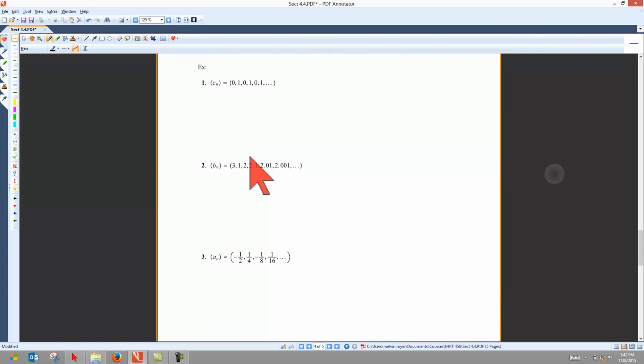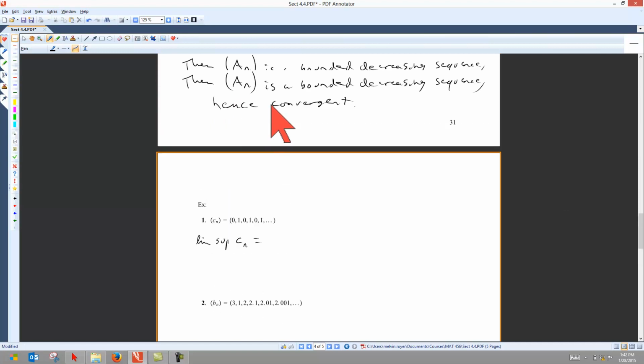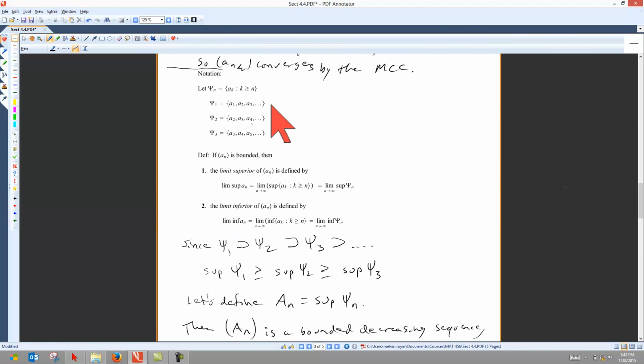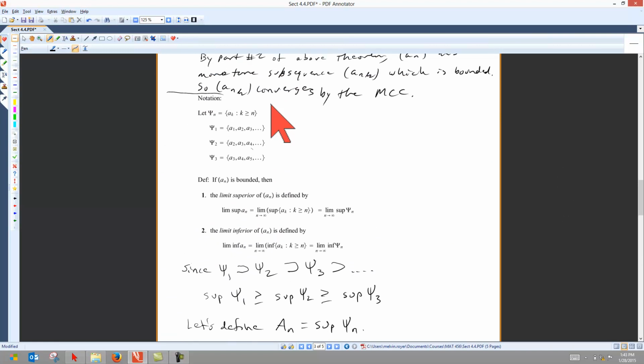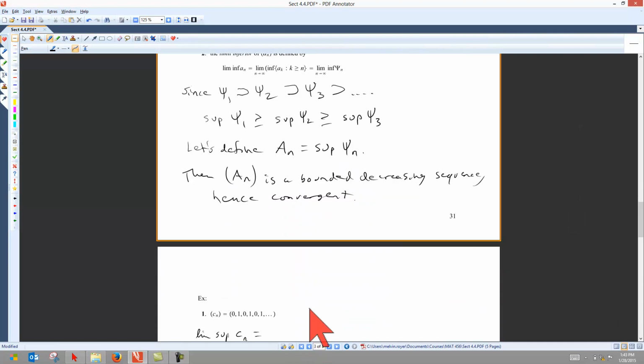So here's a sequence C sub n. It's the 0101 alternator again, and I'm interested in talking about what's the lim sup of C sub n. Okay, back to the definition. In concept, I have to think about each of these A1, A2, A3, and so on.